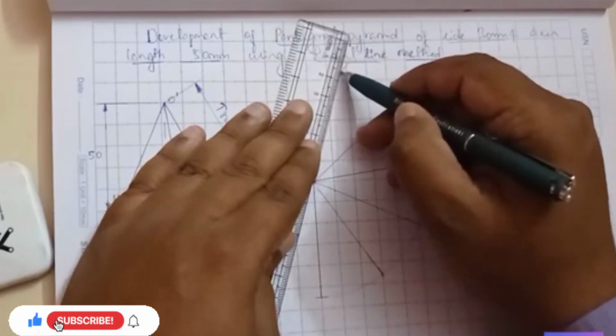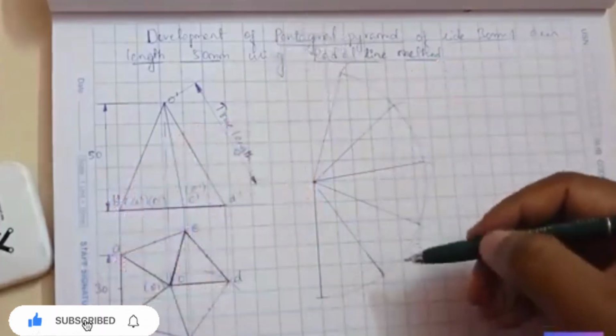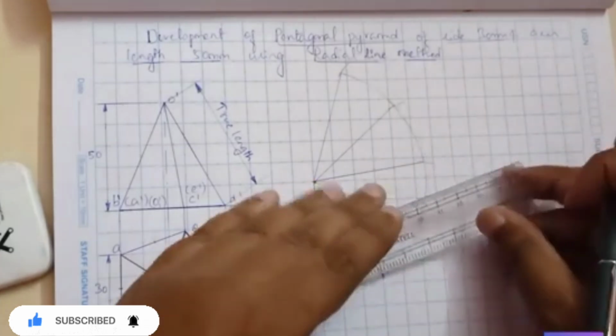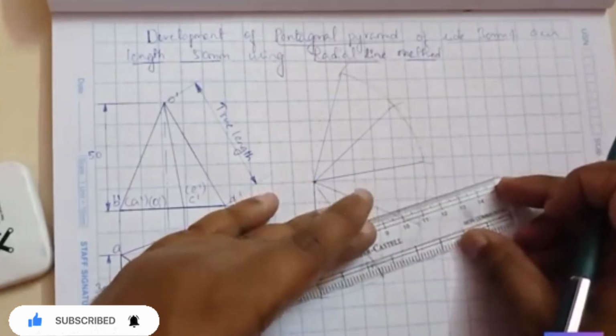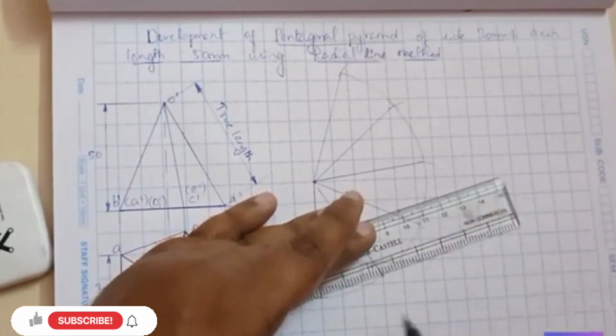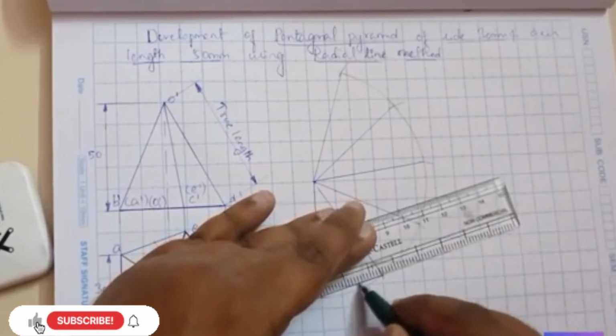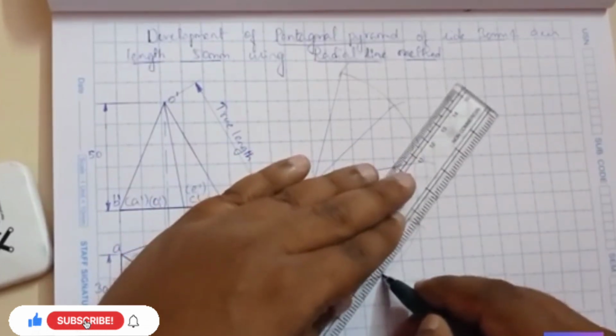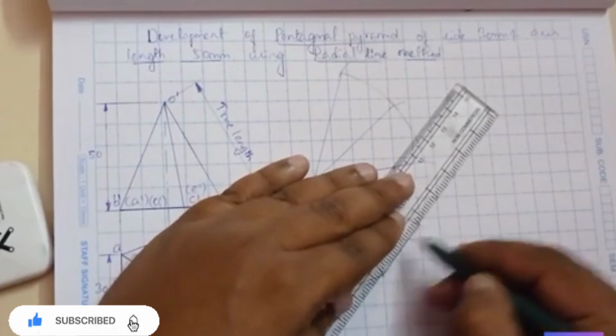Okay, so you can see we have 5 faces because it is a pentagonal pyramid, 1 2 3 4 5. So after this, we have to connect these end points with the straight line, like this, because it is a pyramid.